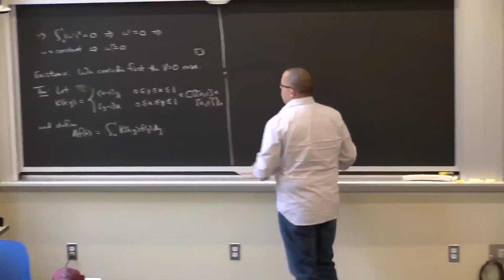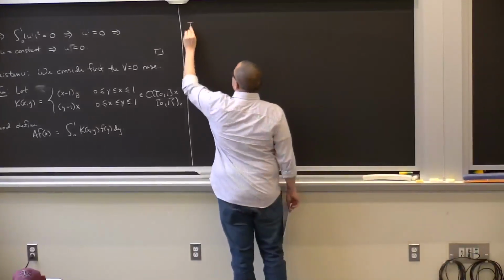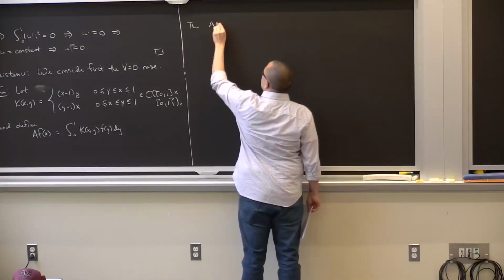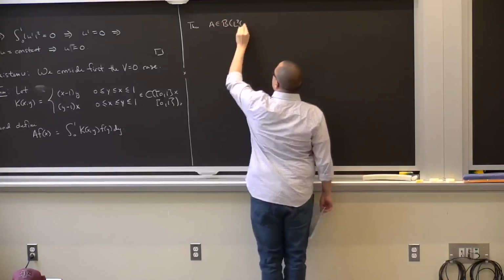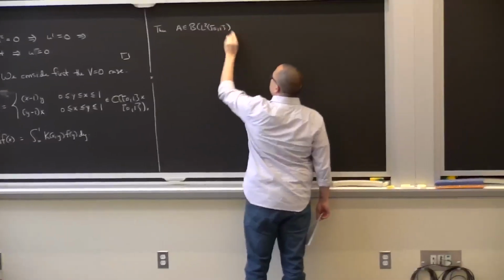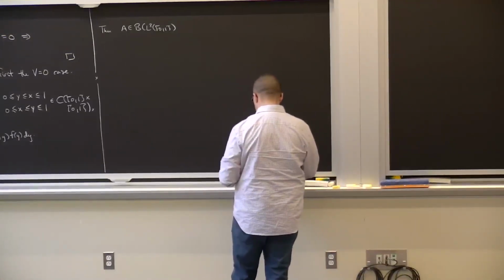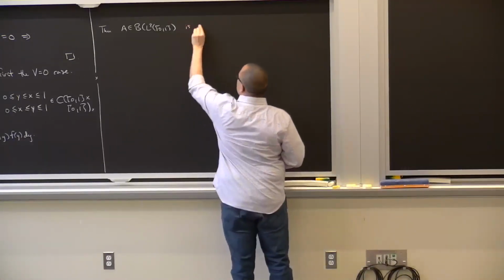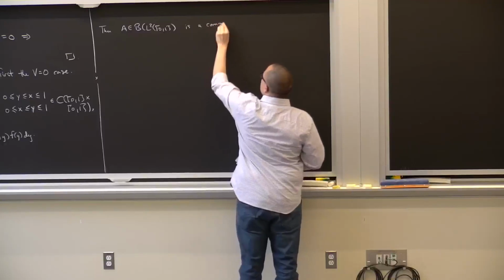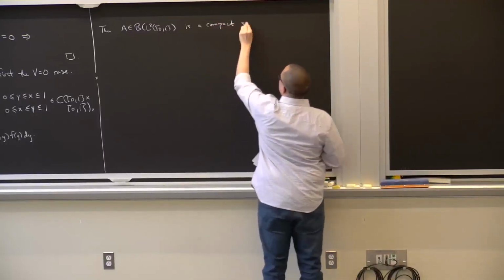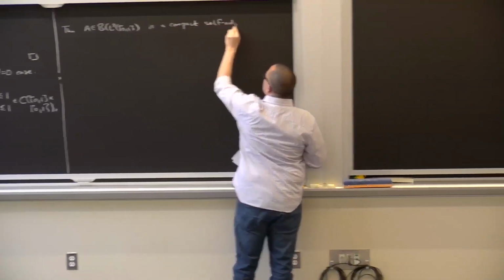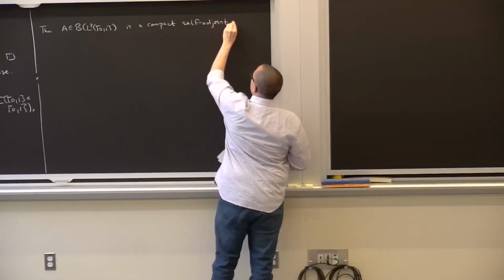And A is a bounded linear operator on L2. In fact, it's a compact self-adjoint operator.